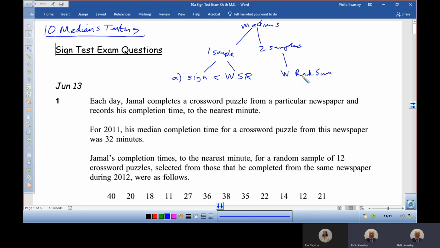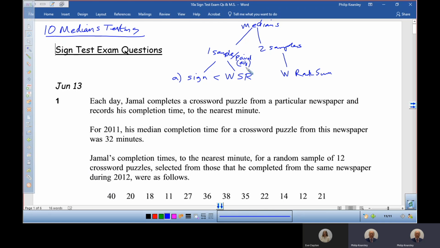If you're forced down the 2 sample route, where it's 2 separate samples, i.e. not paired, it might be worth mentioning, paired data gets treated as a single sample. And because paired data gets treated as a single sample, you're going to do either the sign test or the sign rank technique.